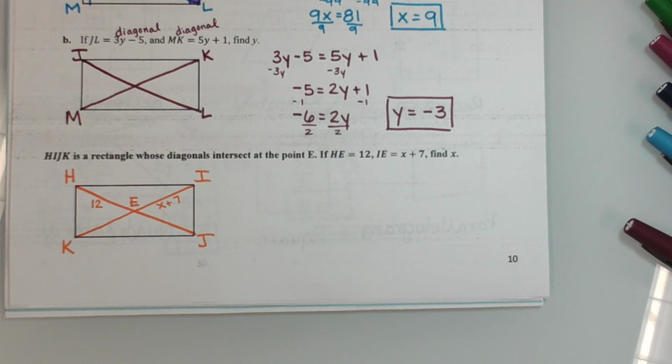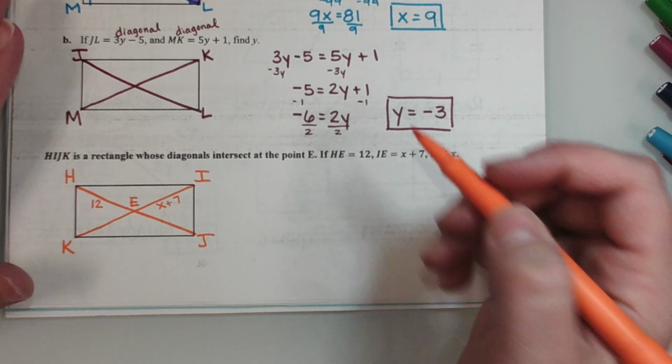Are HE and IE diagonals? Are they full diagonals? Is that an easier question? No. These are parts of diagonals.